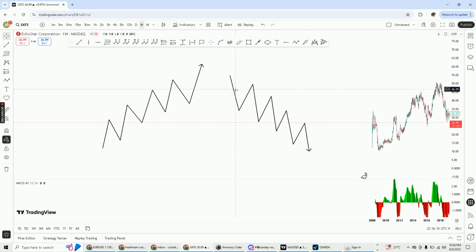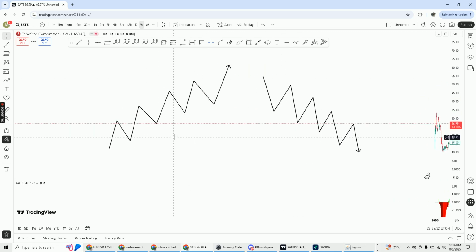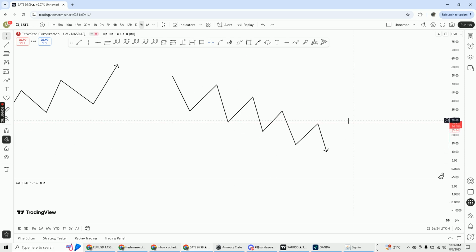More specifically, it's making lower low, lower high, lower low, lower high, lower low, lower high, lower low, lower high, lower low. So when it's making lower lows and lower highs, price is moving in a downtrend. That's it. This is an uptrend. This is a downtrend.